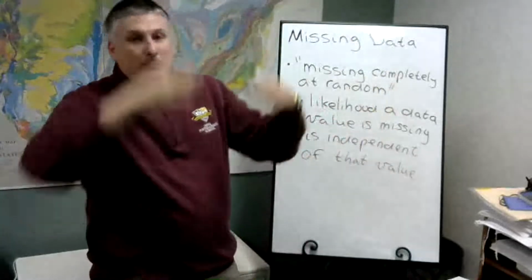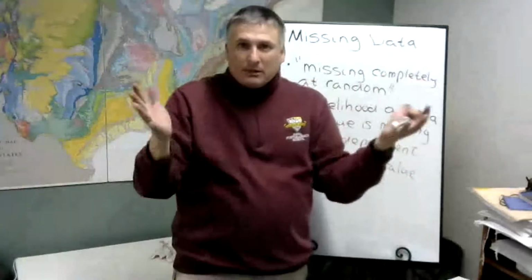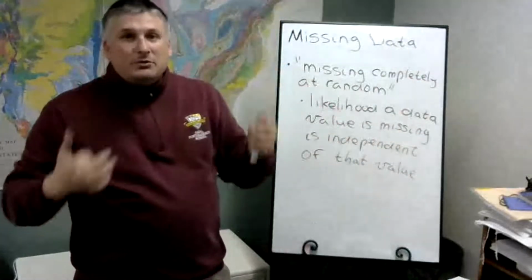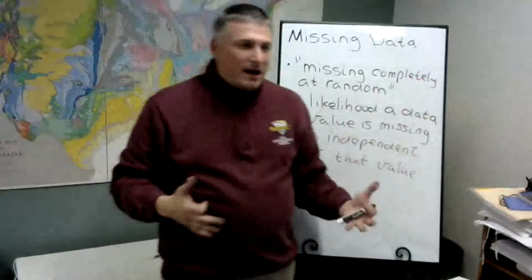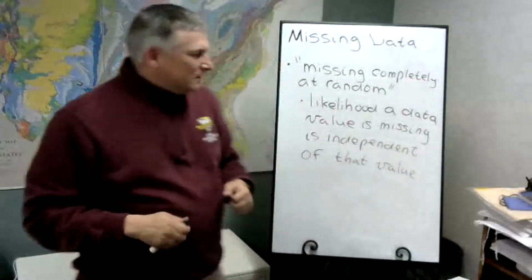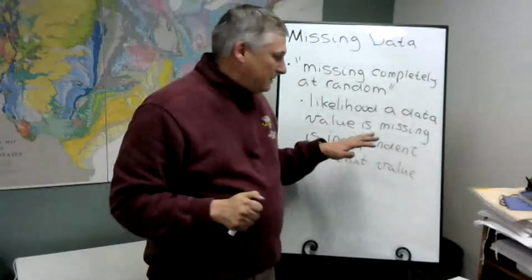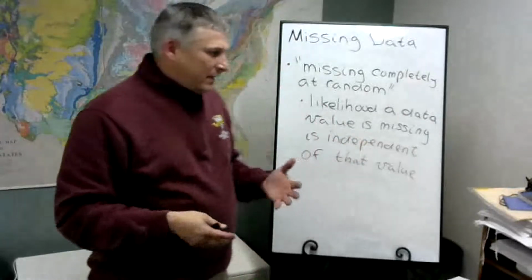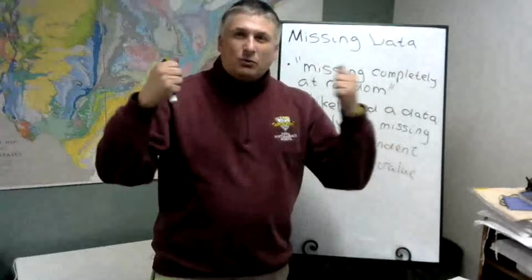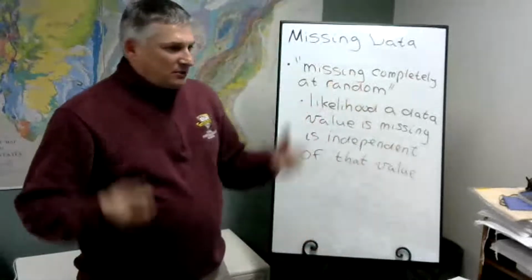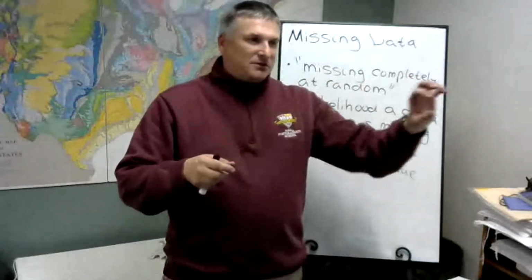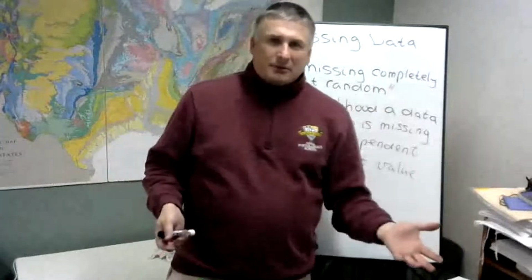The people will be randomly distributed throughout the study, and hopefully losing a page doesn't lead to some bias. Oh, maybe it does. But the idea is this: the absence of the value has nothing to do with the actual value itself. It just so happened that for this subject and this value, someone forgot to record it.